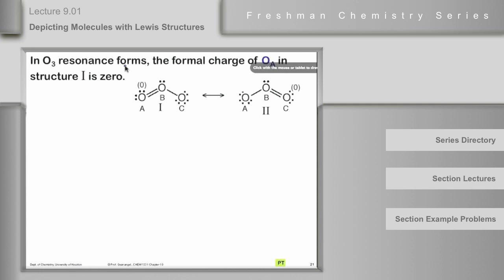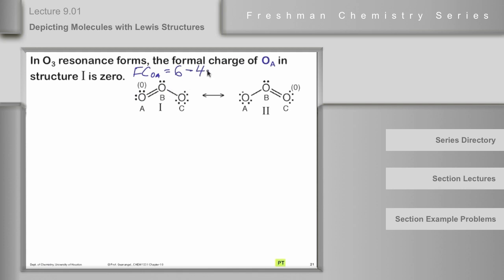The formal charge of oxygen A is equal to the number of electrons oxygen came to the dance with, and that is how many? Valence? That's 6, isn't it? Minus the number of lone pair electrons that it has, and you see this oxygen is sporting 2 lone pairs here, so that's 4 electrons.